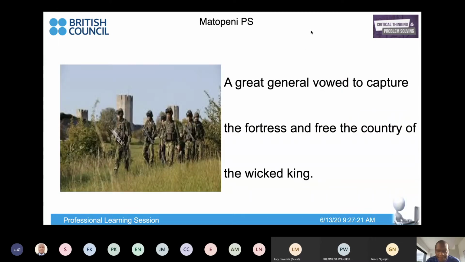Matopeni? A great general vowed to capture the fortress and free the country of the wicked king.